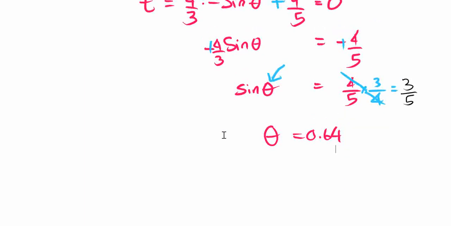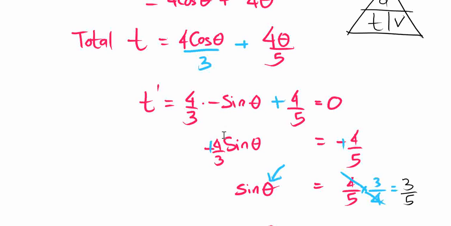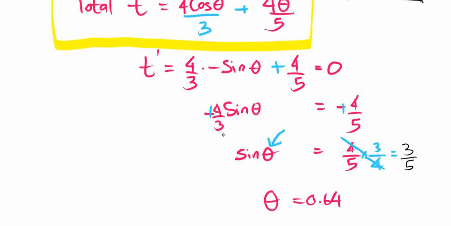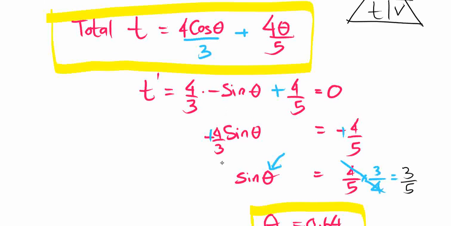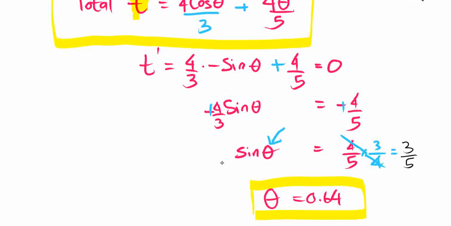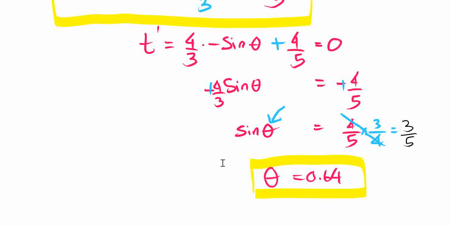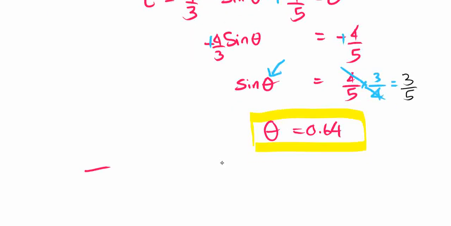Now to get the t, we have to put it back into the original equation. With the theta we got, 0.64, we plug into the t equation. So now t equals the total time.